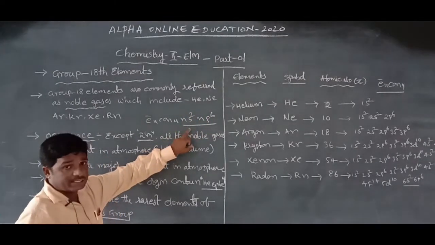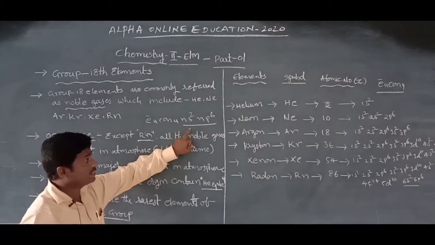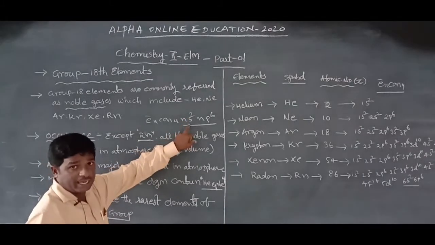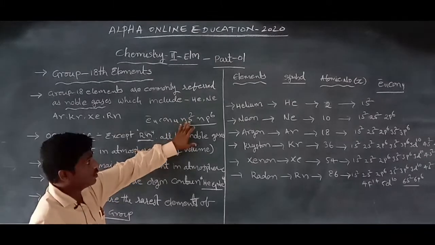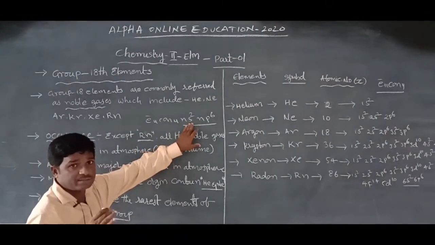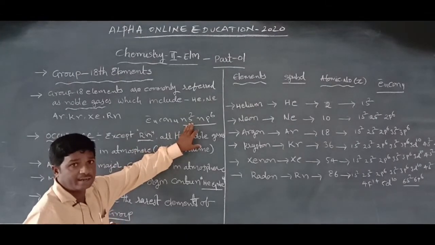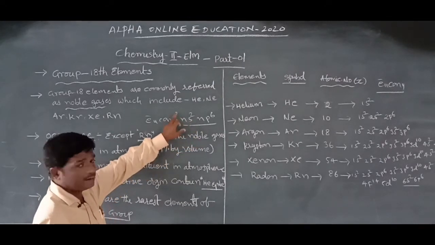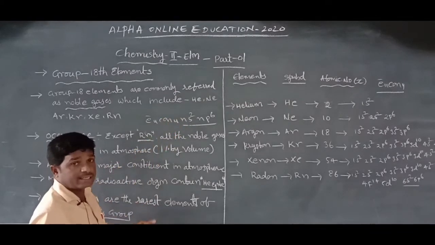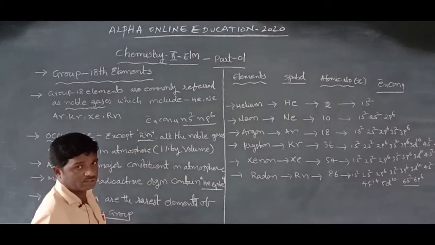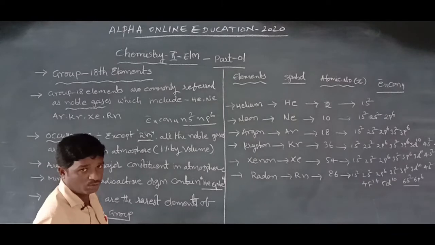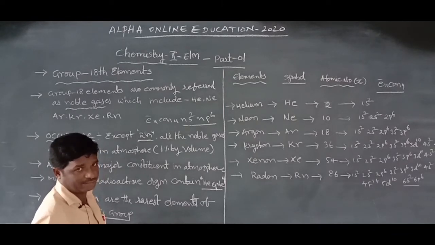The outermost shell has fully paired electrons, so they are called noble gases, because the outermost shell is completely filled with electrons. This is the octet rule, or stable electron configuration.